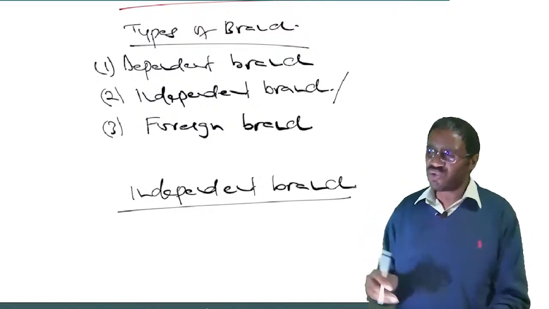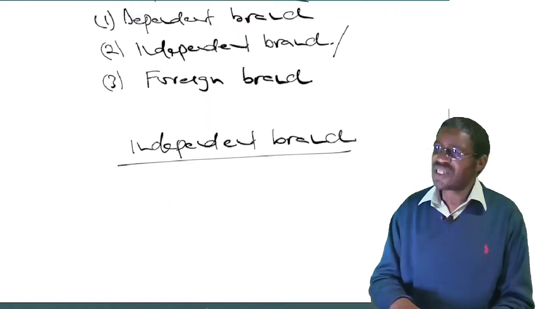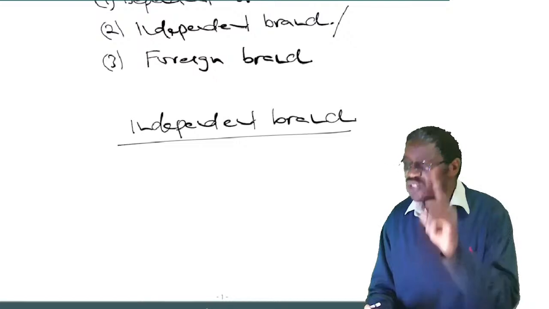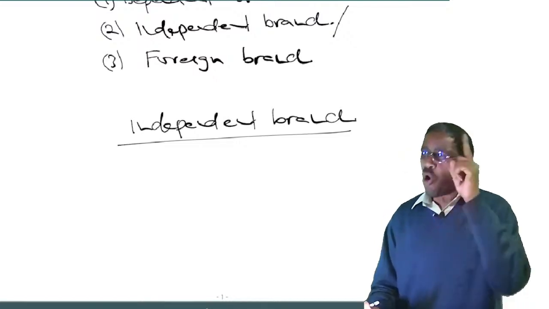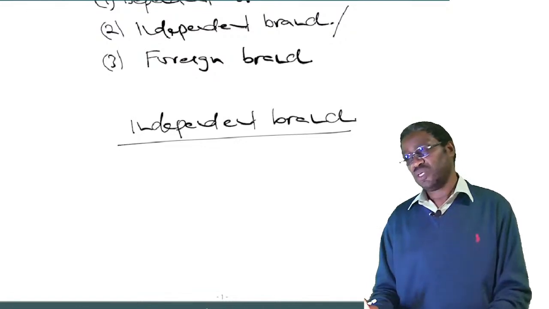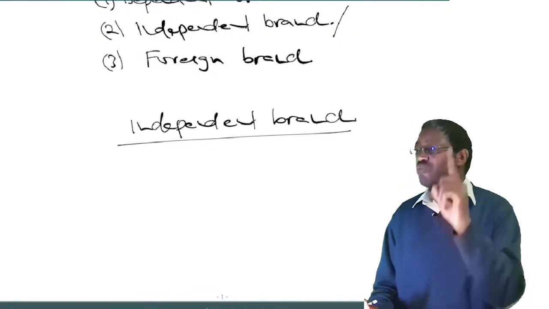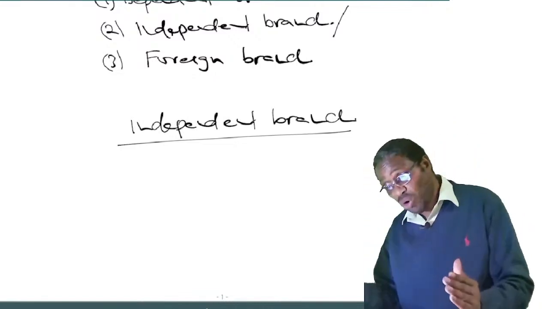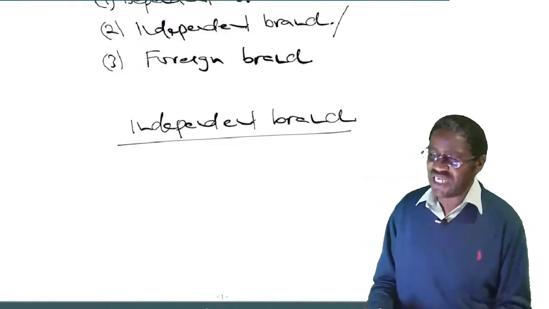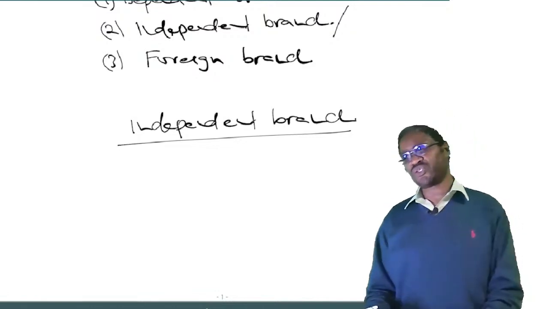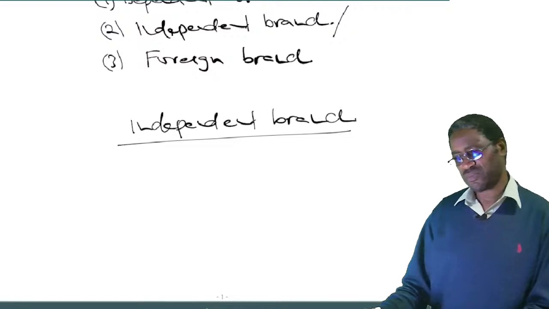So when it comes to independent branches, listen now, the branch will maintain their own complete set of accounts, and the head office also will maintain a complete set of records of the transactions with the branch.